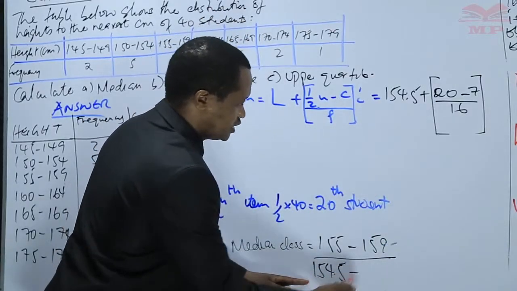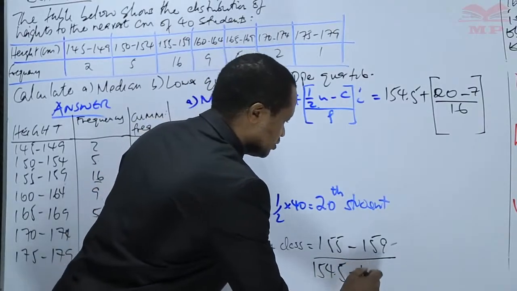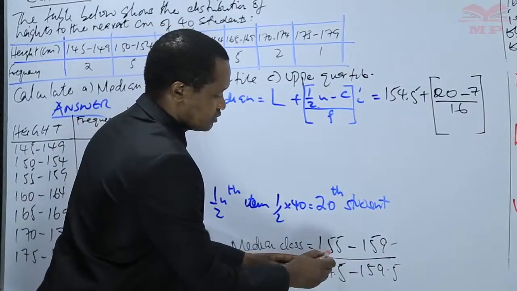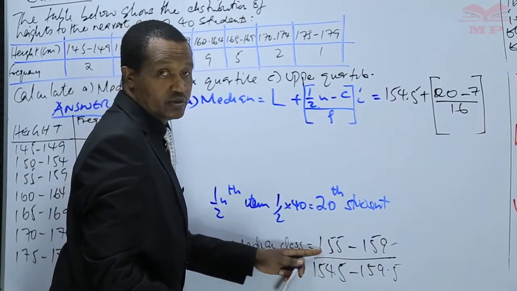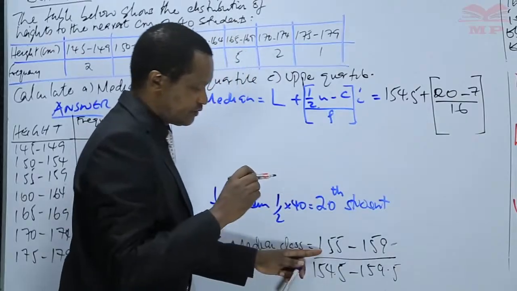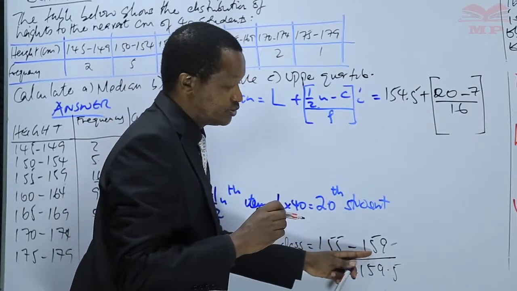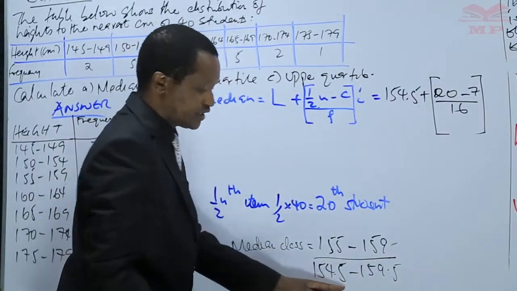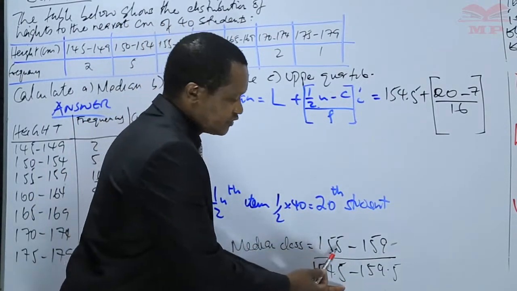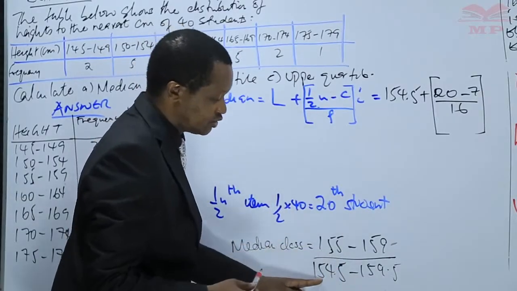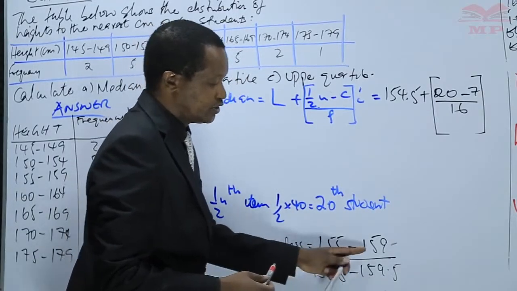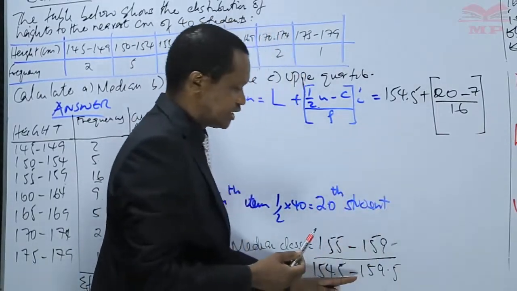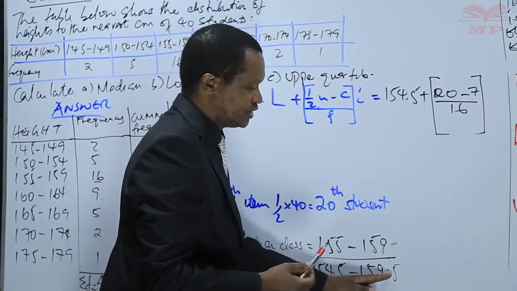For the lower class limit, we deduct 0.5, and for the upper class limit, we add 0.5. That is 155 minus 0.5 will give us 154.5. Then on the upper class limit, we add 0.5 to get 159.5.